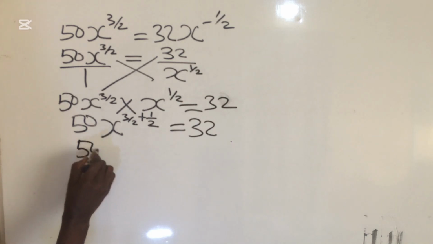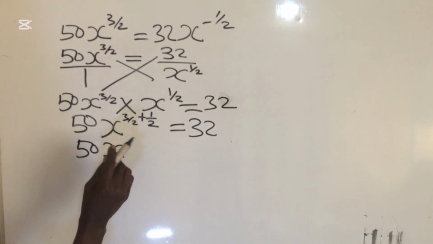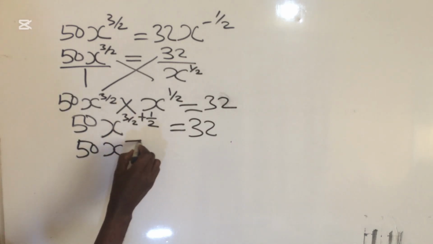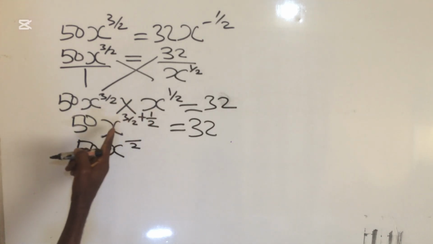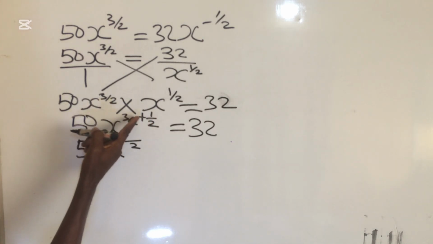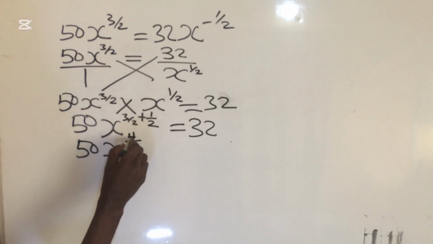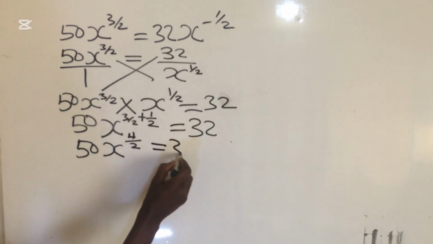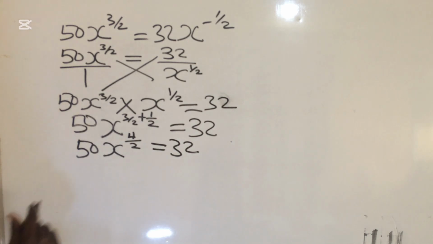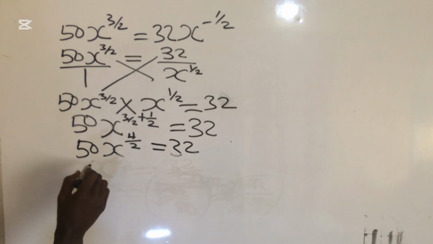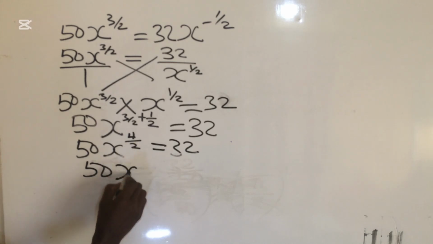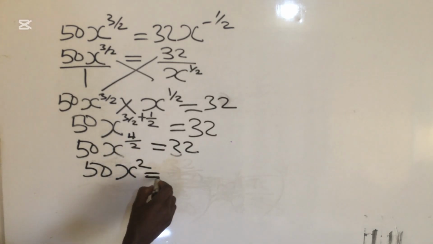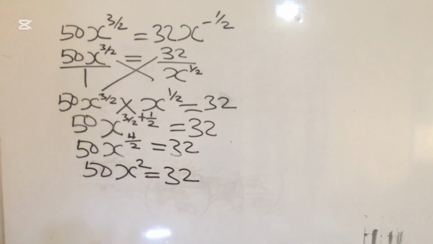We now have 50x raised to power, we pick one denominator, which is 2, and add the numerators, which is 3 plus 1, giving us 4, equals 32, which is now 50x raised to power 4 divided by 2, which gives us 2, equals 32.